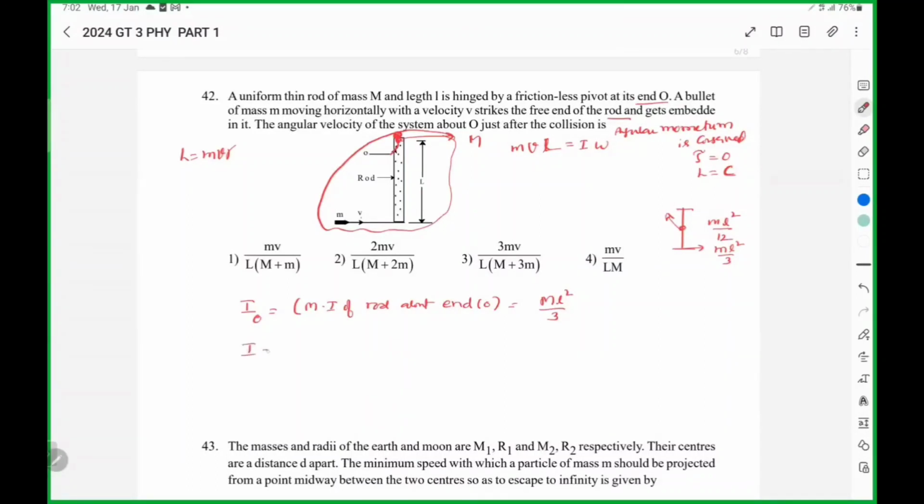But the total moment of inertia after embedding the bullet will be the moment of inertia of rod plus the moment of inertia of bullet: ML square by 3 plus, since the bullet is at a distance L from this point, m L square. Here capital M is the rod mass and small m stands for bullet mass. So it is L square (3m plus M) by 3.